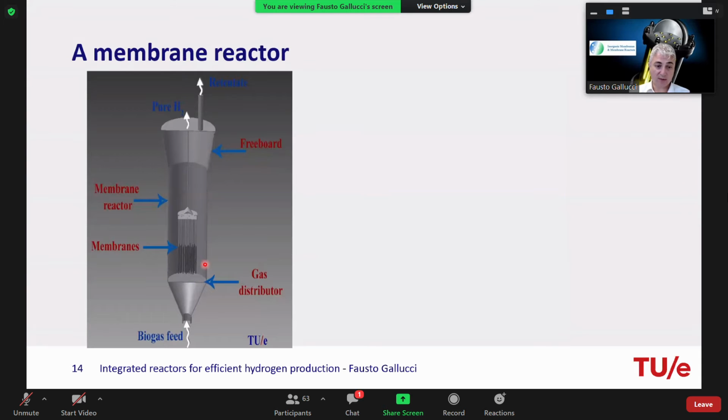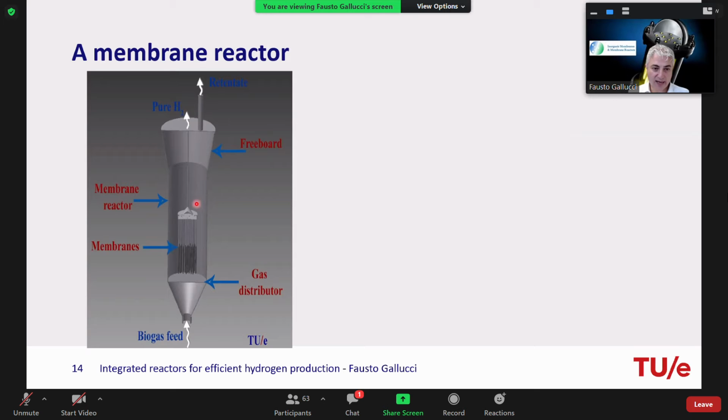And this separation can be a separation of the product or a separation of a reactant that enters the reactor. In this particular case, it is biogas to produce hydrogen. What we work on is a separation that allows hydrogen to be separated from the reaction mixture.